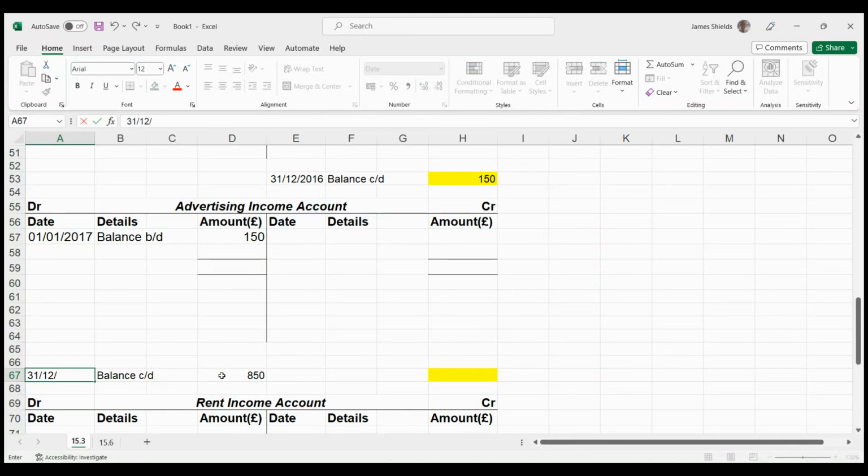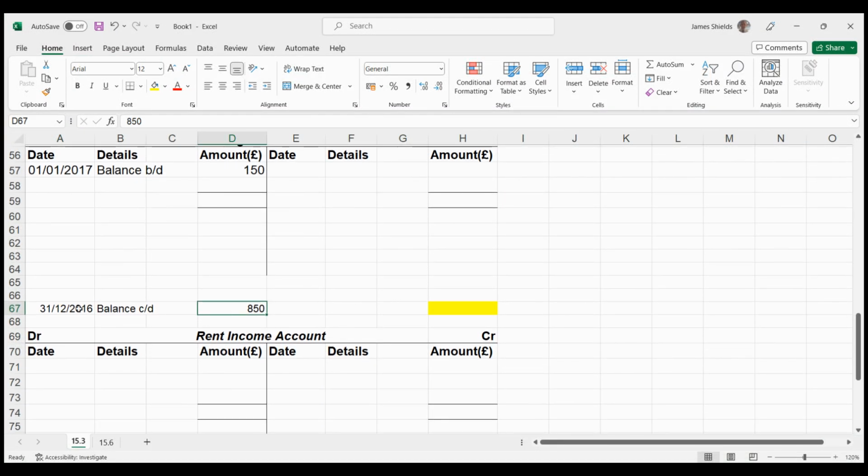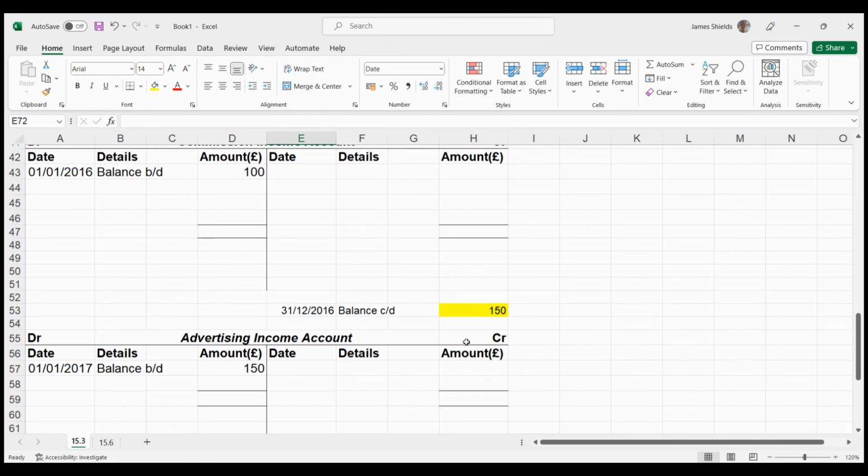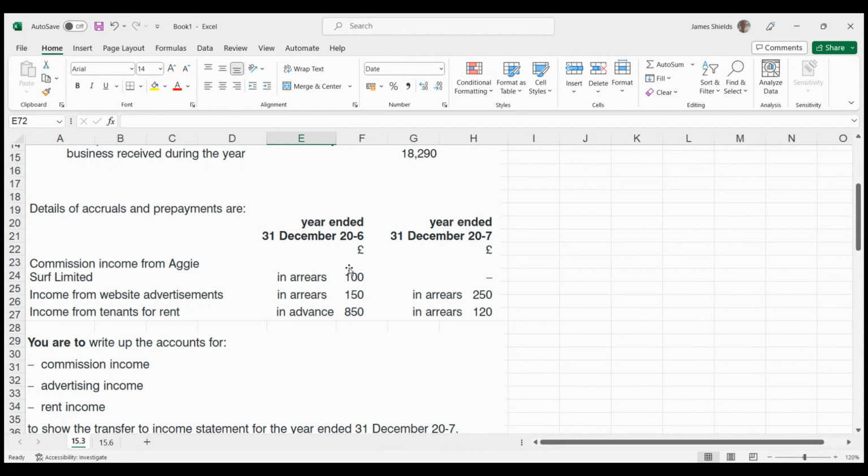That reduces the amount of income in our rental income account because they paid £850 too much. If it's carried down at the end of last year, this year it'll be brought down on the opposite side, which will be the credit side, and the next day will be the 1st of January 2017.